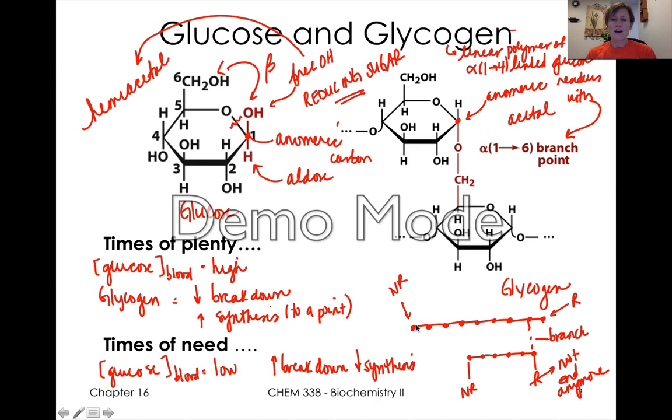The line represents the glycosidic bond connecting them, which connects the anomeric carbon on C1 of one sugar to the C4 OH group on another sugar. That's how we make that alpha 1,4 glycosidic bond.